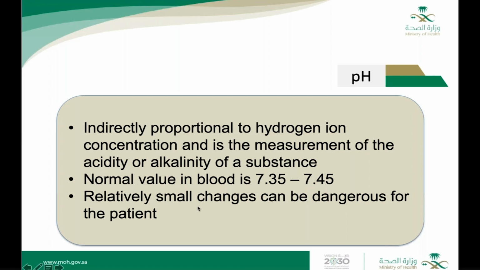And the normal value for the pH in the ABG is 7.35 to 7.45. But you have to pay attention that any small changes, either below 7.35 or above 7.45, could be a serious condition.